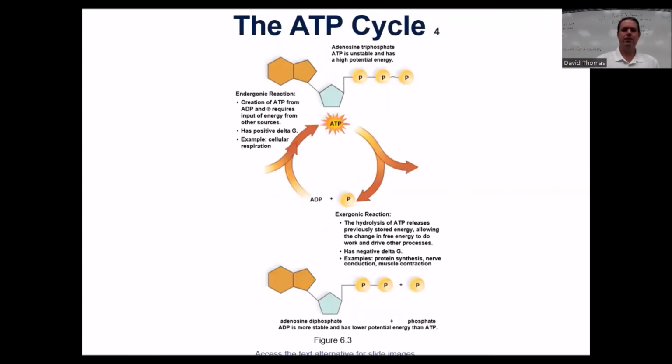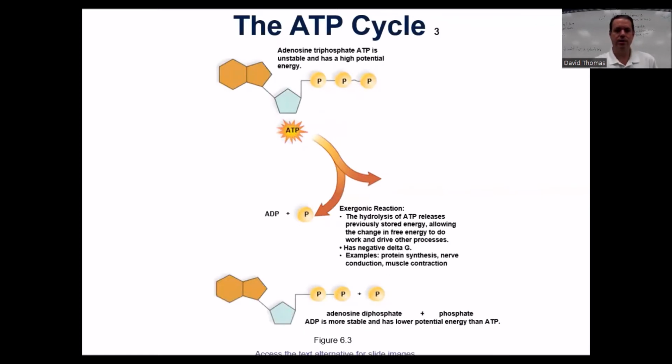That energy can now be used to drive forward some kind of endergonic reaction, some type of reaction that requires energy, and it forms ADP. The ADP is diphosphate. It only has 2 phosphate units left, and that's what this picture down here shows. ADP, the only difference is that it only has 2 phosphates instead of 3 attached to it.